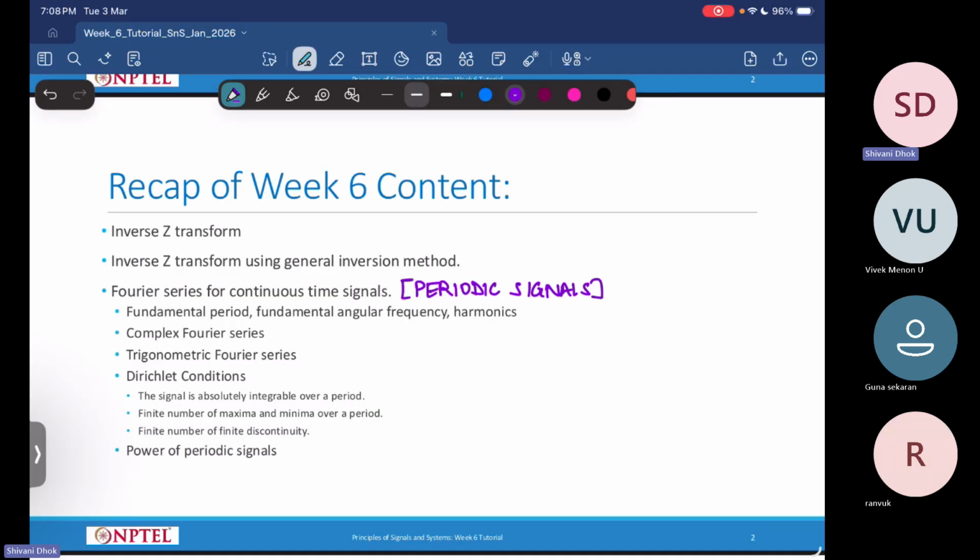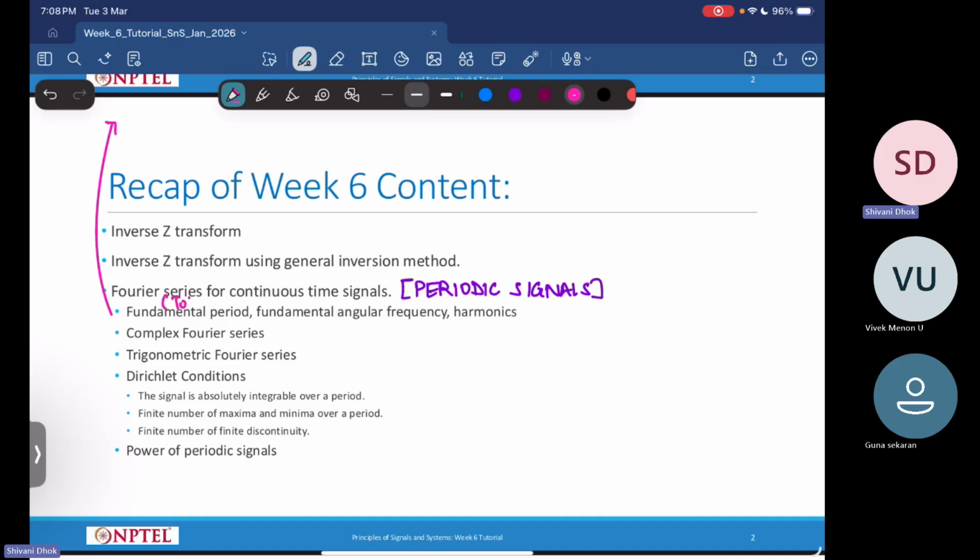Before understanding Fourier series, we looked at three important things. The first one is fundamental frequency, given by the fundamental period, let's say T naught.